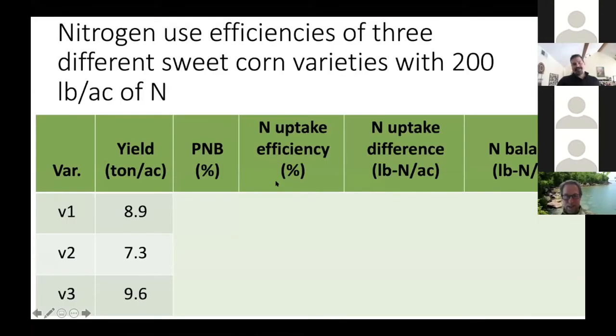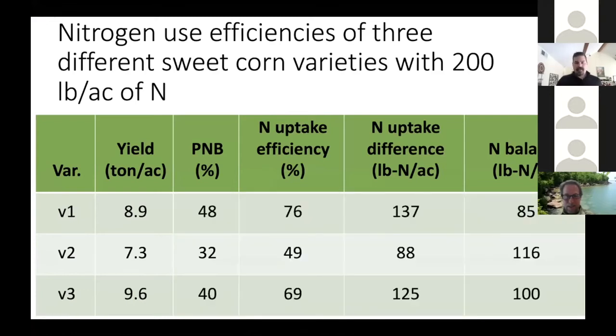Okay. So now you're seeing a table with a lot of numbers on it. All right. So 3 varieties. We have 3 yields that we achieved with 3 different varieties. We applied 200 pounds. So our partial nutrient balance, that's the N removed minus N applied.